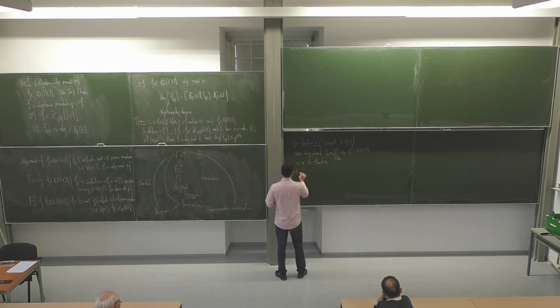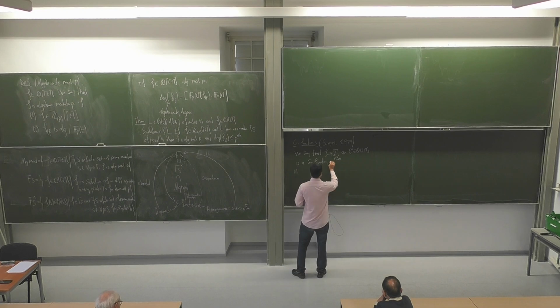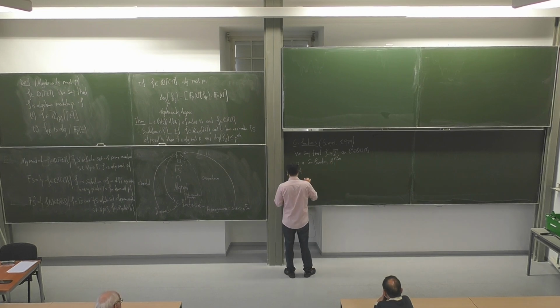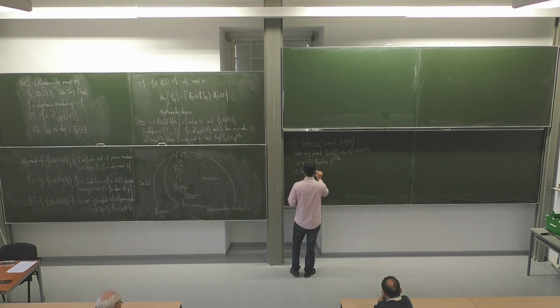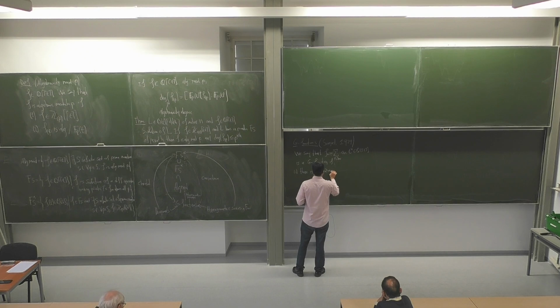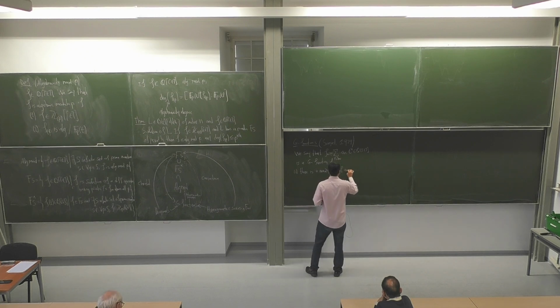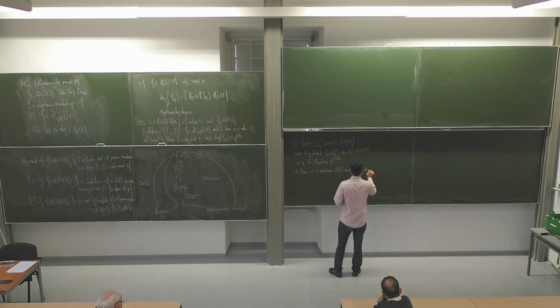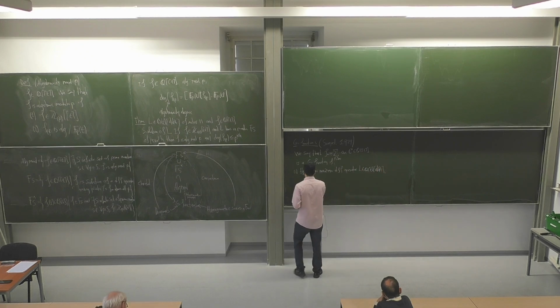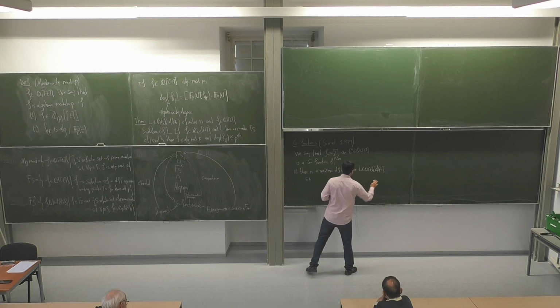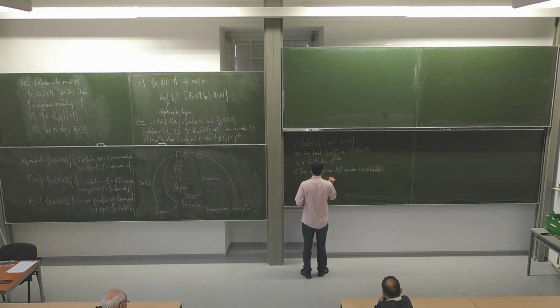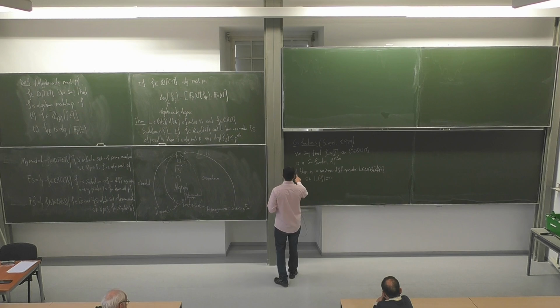First of all, G function if there is a non-zero differential operator L with coefficients in Q(t), so that F is a solution of L. Okay, that is the case, for example, for hypergeometric series.